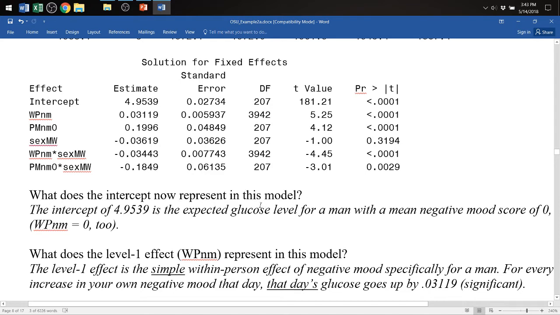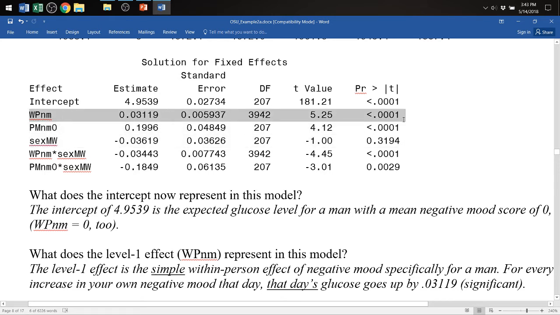Here are my new fixed effects. So the main effect of gender here, this is the simple main effect, specifically when within and between person negative mood are at 0. That refers to gender differences in level of glucose, of which there are none that are significant.